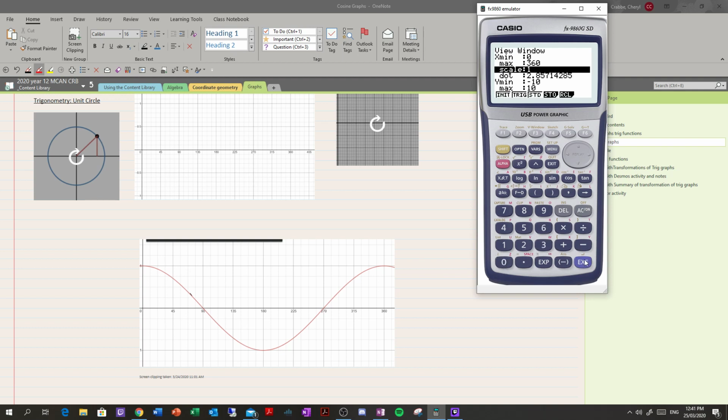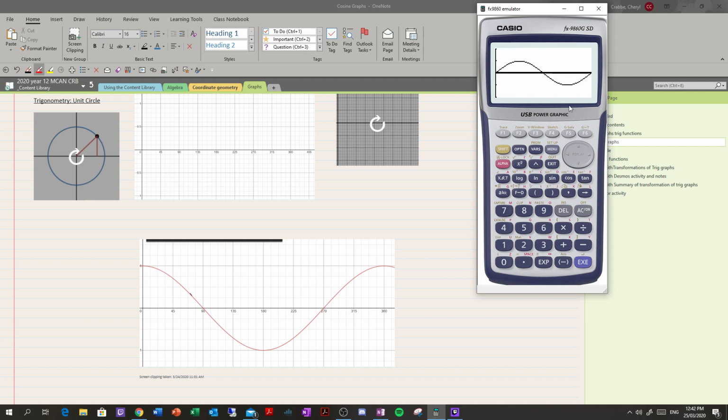Now the rest of it, I'm going to go back to that window because remember that the amplitude is just 1. Those y values are probably far too big. So I'm going to go maybe even just -2 and 2 for the y values. Exit, draw. Oh, yeah, I do need an equation in here. Sine x. Draw. See, there it is.